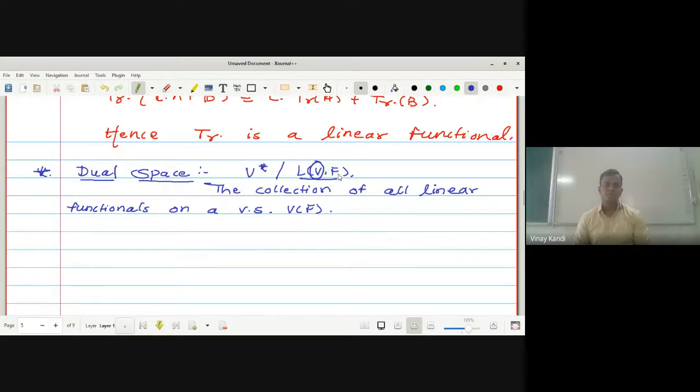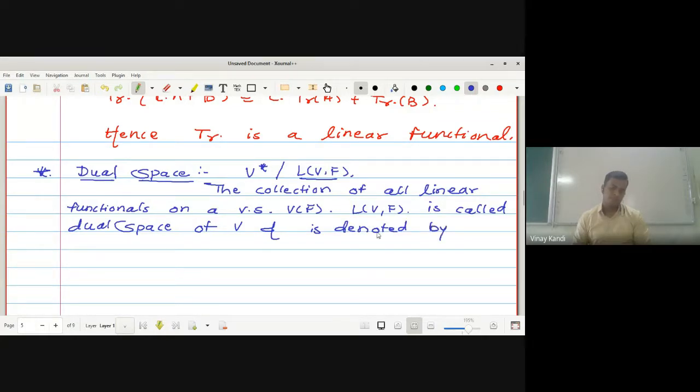What will your codomain be? Or the collection of those linear transformations or linear functionals on the vector space V over F. So L(V,F) is called the dual space of capital V, and it is denoted by V star or L(V,F).